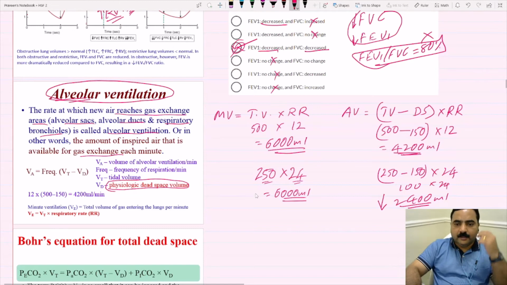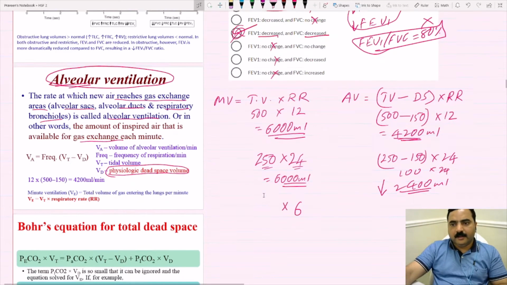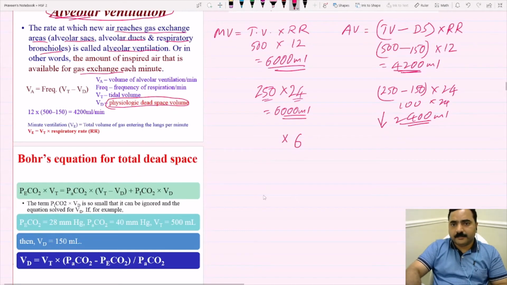Instead, if a person is breathing slowly, say instead of 12 times he's breathing only 6 times, and instead of 500 ml he is inspiring around 1000 ml, he has doubled the tidal volume and decreased the respiratory rate. Still, the minute ventilation remains the same.